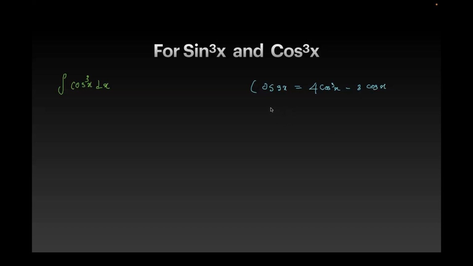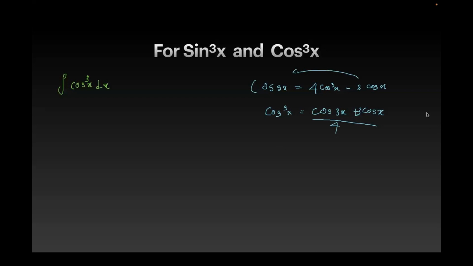Cos cube x, I will write it as cos 3x plus 3 cos x, whole divided by 4. Basically, I brought 3 cos x that side and divided by 4.